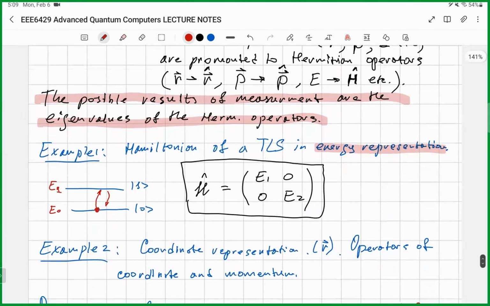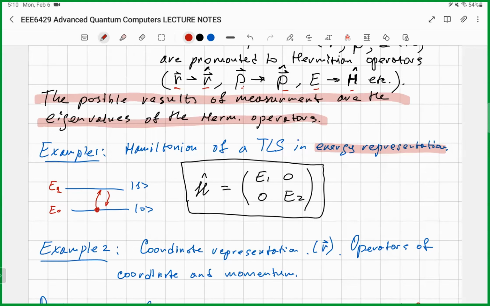So basically, we represent the radius vector by the radius vector operator, momentum by its momentum operator, and energy by the operator of energy, which is the Hamiltonian of a system. And we will see that this Hamiltonian is a very important operator, because it gives you a recipe for how to describe any quantum system consisting of any number of particles, states, etc.